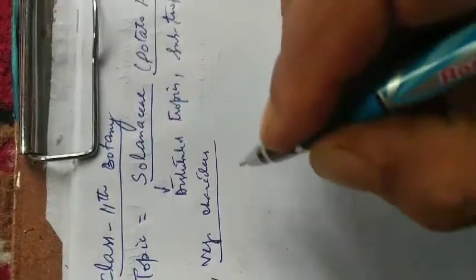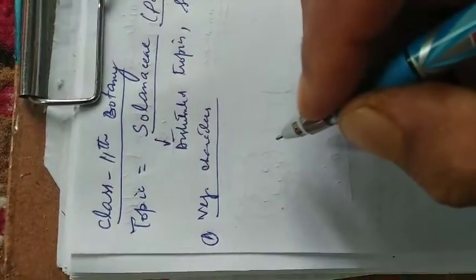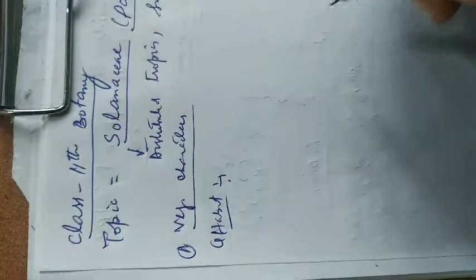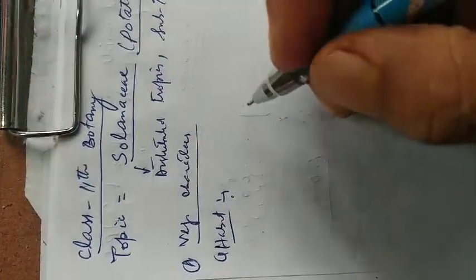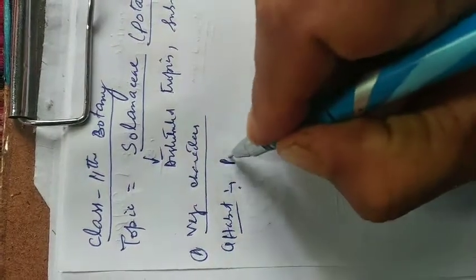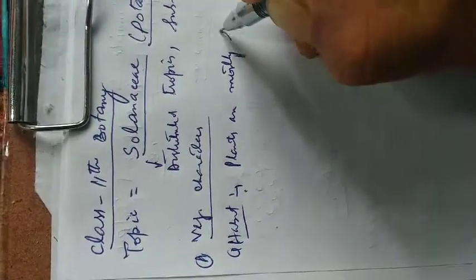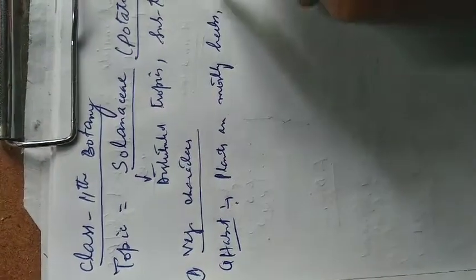The plants belonging to the family Solanaceae are mostly herbs, shrubs, and rarely small trees.